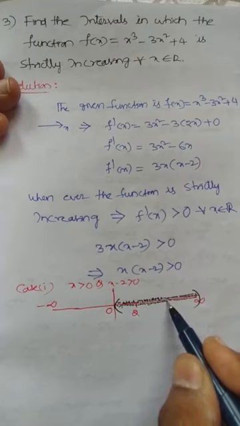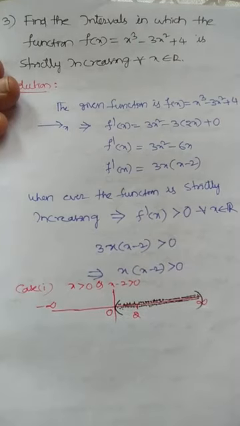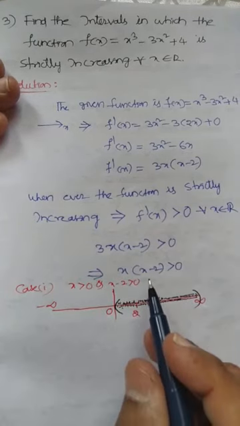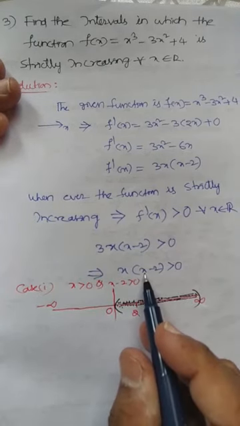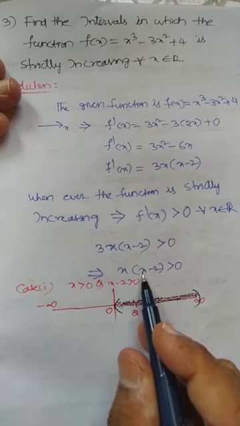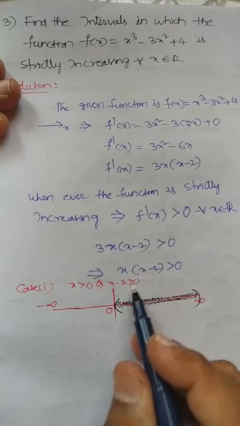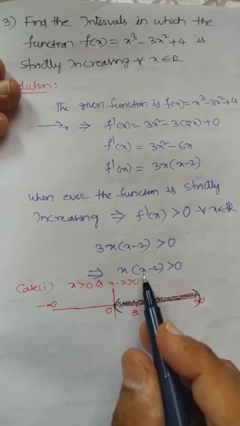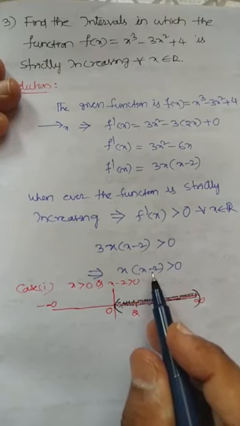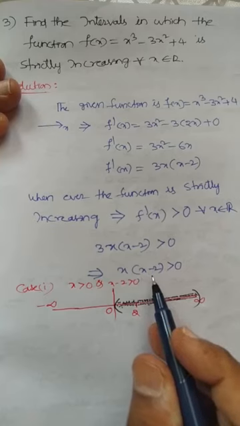Next, x minus 2 is greater than 0. So x must be after the value 2, meaning greater than 2. If you substitute any value greater than 2 in x minus 2, you get a positive value. If we substitute 2.01, then 2.01 minus 2 is 0.01, positive, like that only.